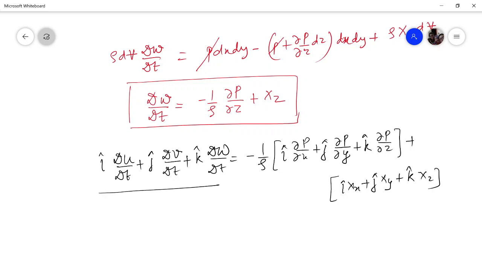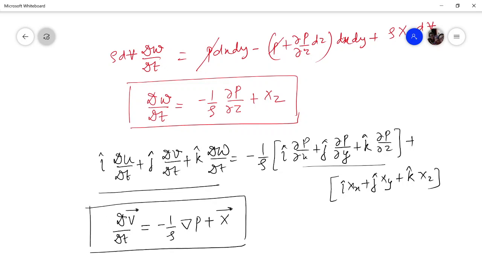Now what is this? This is the substantive derivative of the total velocity vector, and that is equal to minus 1/rho times what? This is the gradient of pressure, and this is the body force vector. So this is Euler's equation for an ideal fluid, relating the pressure field and the velocity field. This will help us in relating the pressure and velocity field for an ideal fluid.